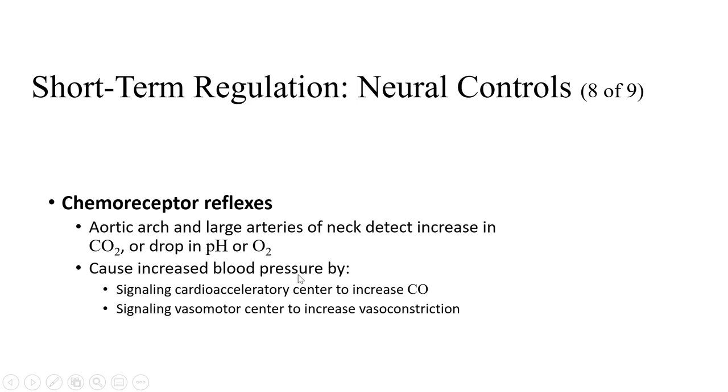Now, why is it that there's going to be an increase? Well, it's not only an increase in blood pressure, but also an increase in our breathing rate.